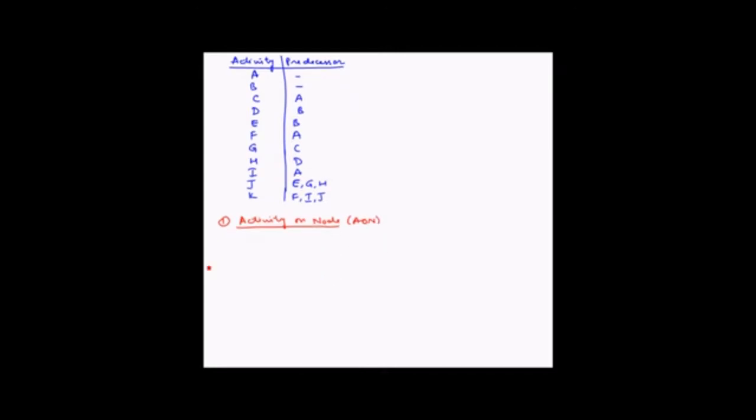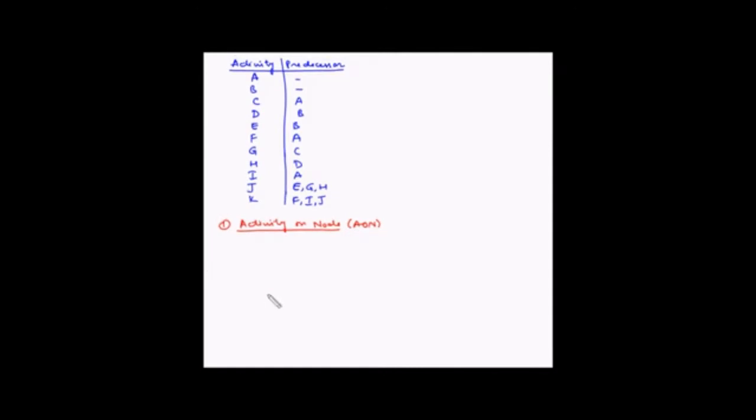Now in this example, A and B do not have any predecessors. So they are not dependent on any other activities to finish before they can be started. So first we can start with activities A and B. Now in this example, I'll be using blue ink to represent activities. So this is the start box.